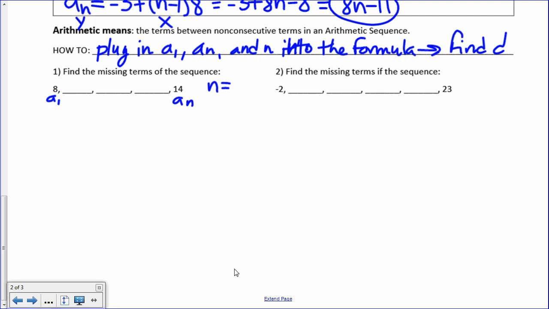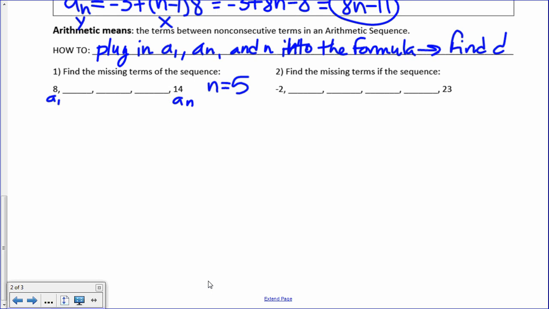Didn't we say 14 was a sub n? Yes. How many terms is that in the sequence? 1, 2, 3, 4, 5. So n is 5. It tells you how far you go to get to the term they're referencing in the question, and here our last term is 14. To get to a sub n, you have to go 5 terms.